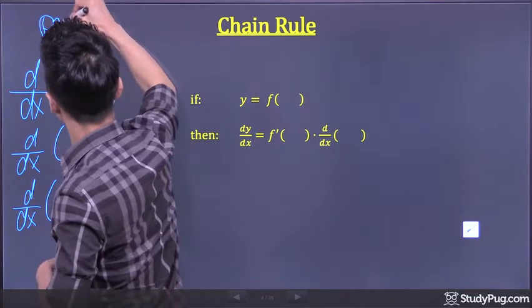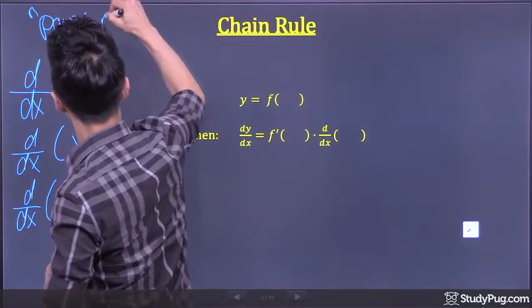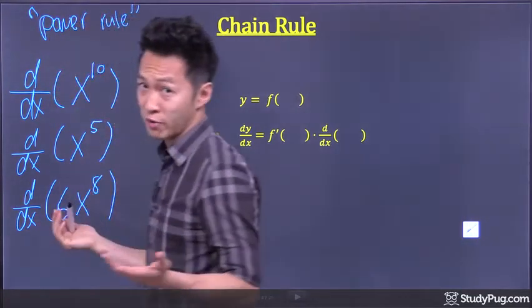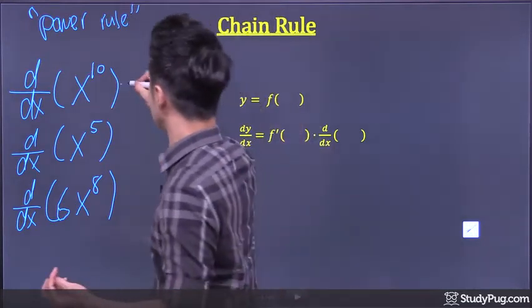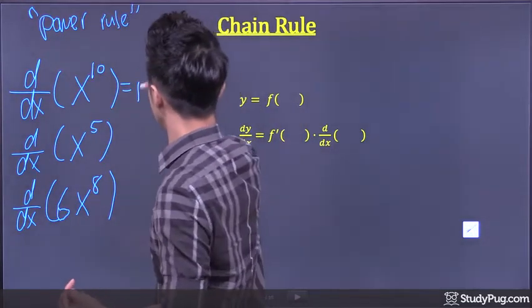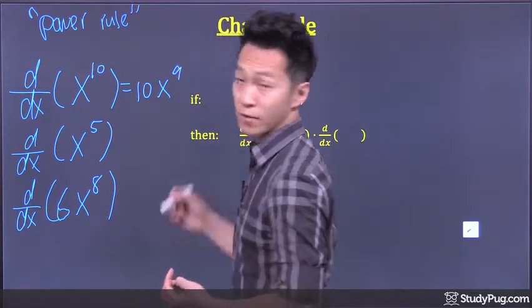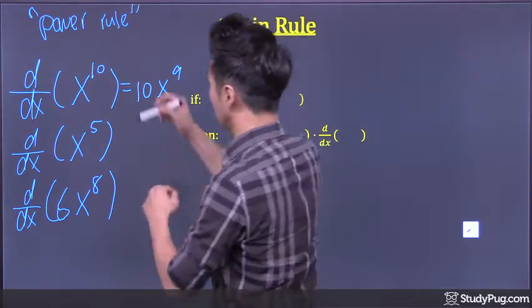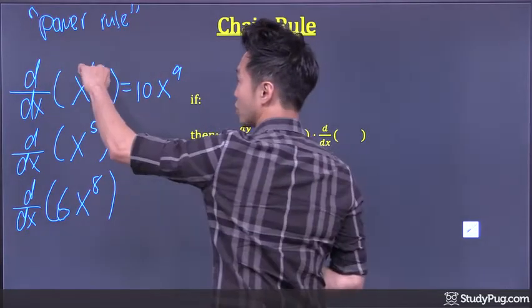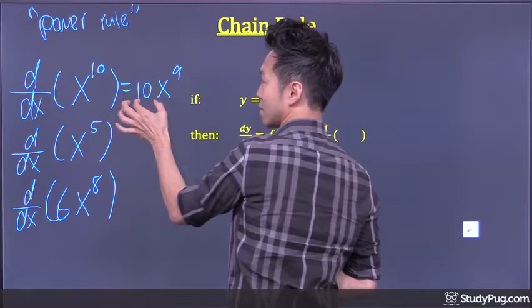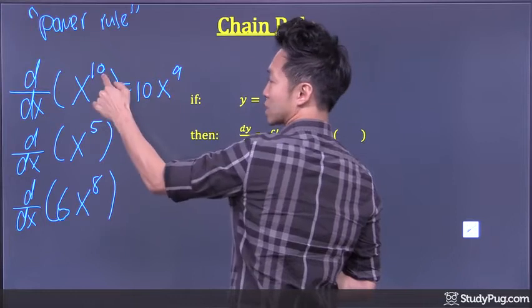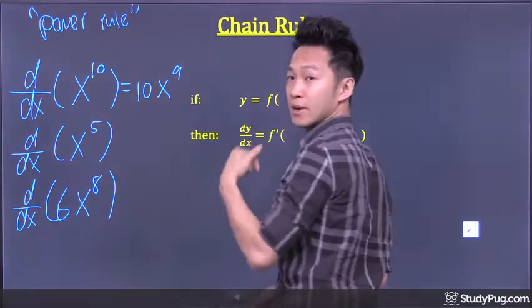So the derivative of x to the power of 10 is 10x to the power of exponent minus 1. That's 9. Remember the power rule: we bring the exponent to the front, so 10, and afterwards, exponent minus 1, so we get 9.